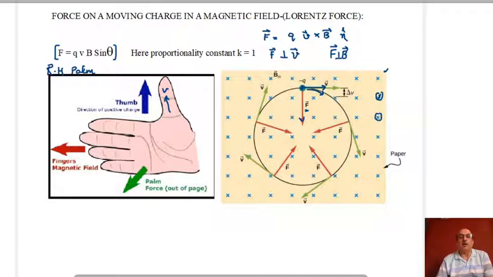And the fingers represent the direction of the magnetic field, shown by the red arrow.